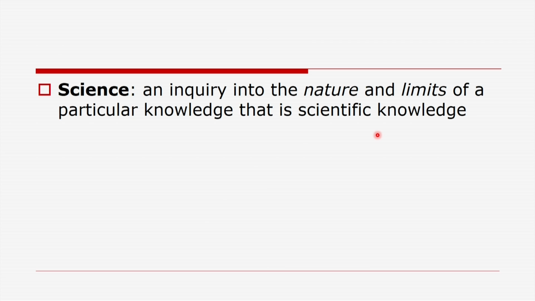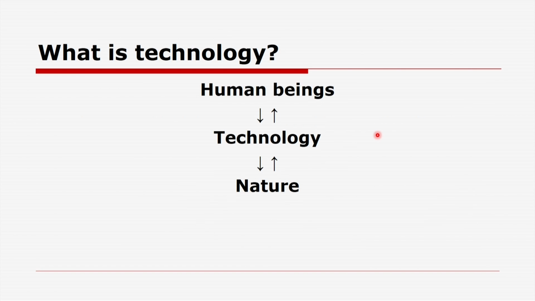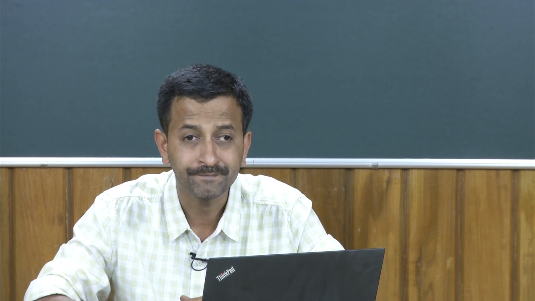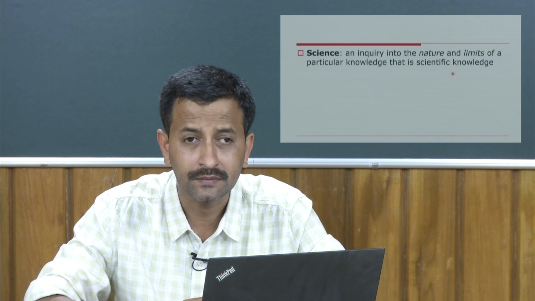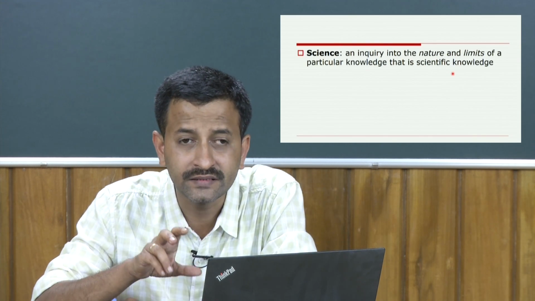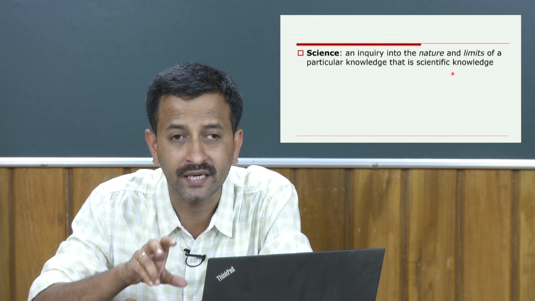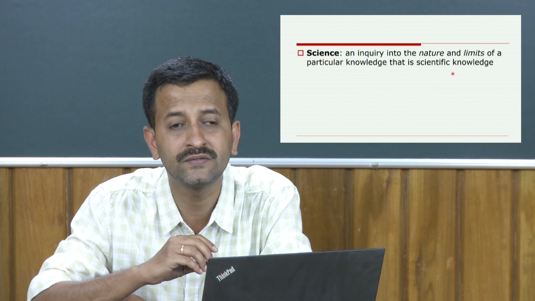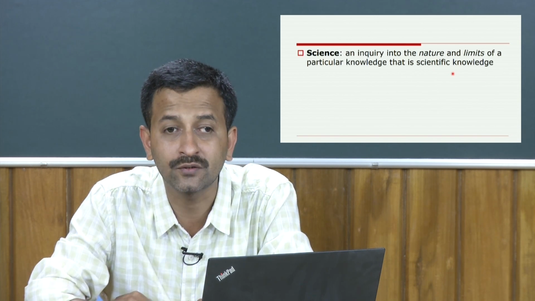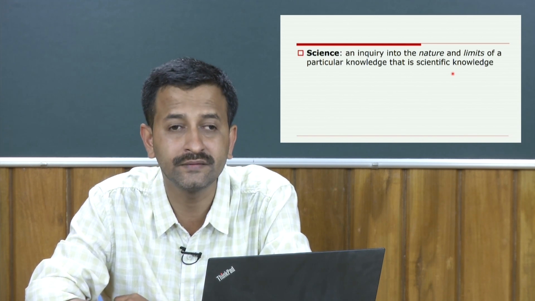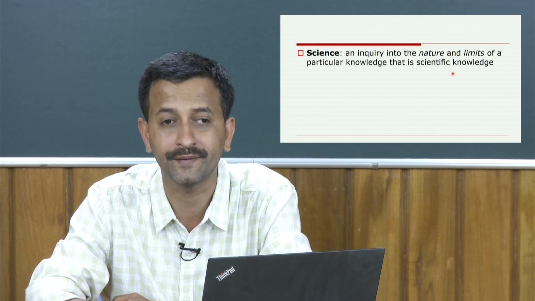Okay. What we have discussed till now? We have discussed what is technology, what is science, and then we will see how they are interrelated. When we see the relationship of technology and science, technology is very often known as the act of doing and science is known as the act of knowing.